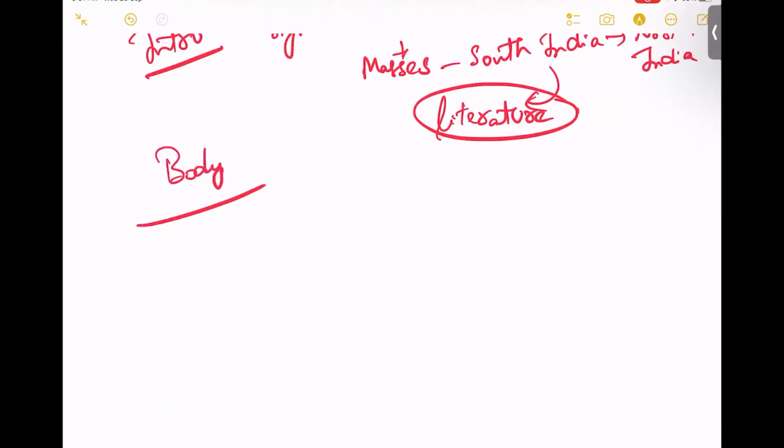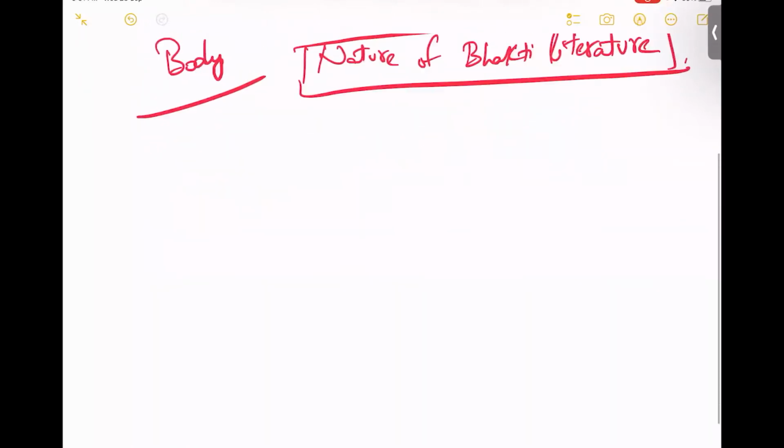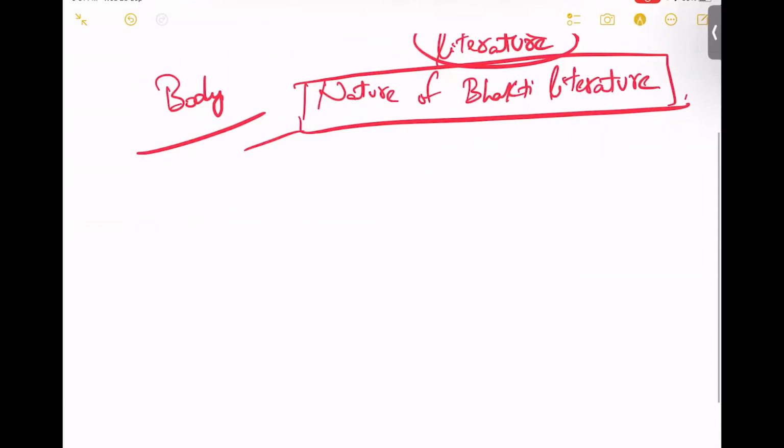Here you will speak about, first, the nature of Bhakti literature, because that is the question. So what is this nature of Bhakti literature? This is the first side heading. Basically, Bhakti literature used the vernacular or local languages.